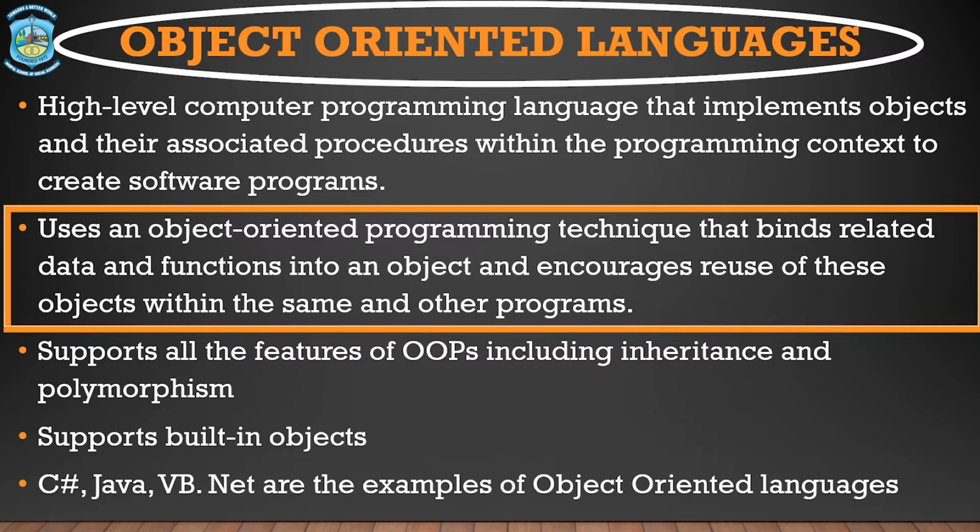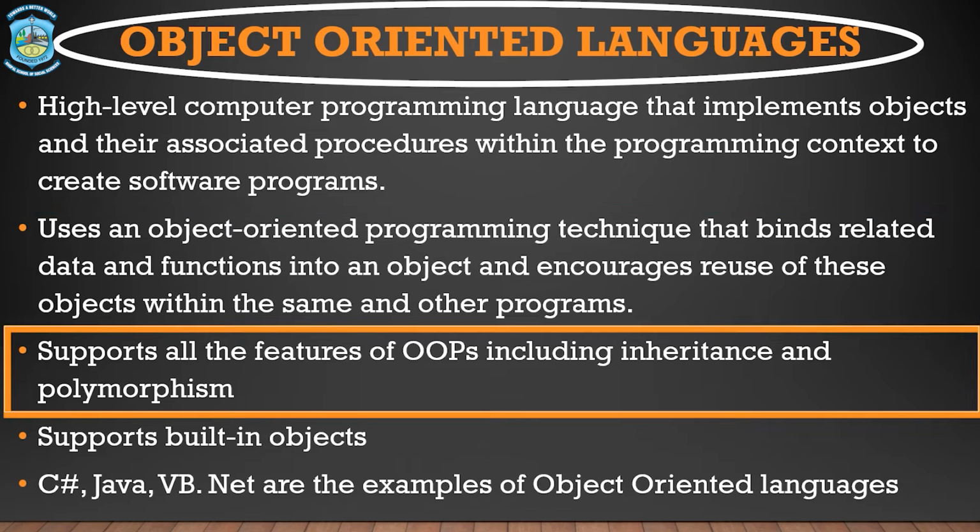Here data and functions are not independent of each other. Rather, they are put together into a single unit, which is a concept called encapsulation. As the word suggests, encapsulation means wrapping up. And here the data and functions are wrapped up in a single unit, and that is the programming principle that is being used in object-oriented languages.